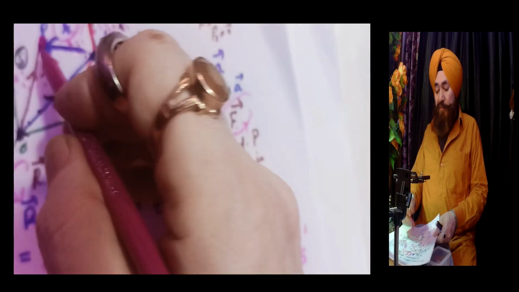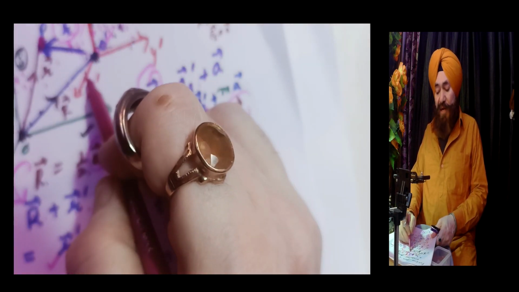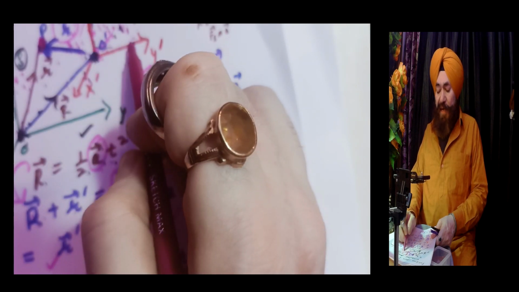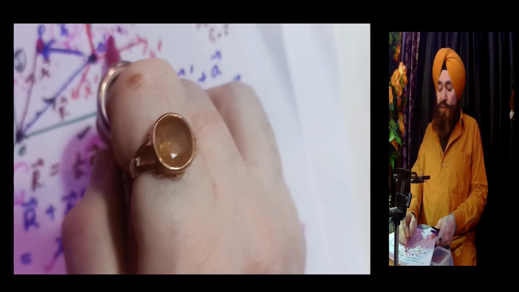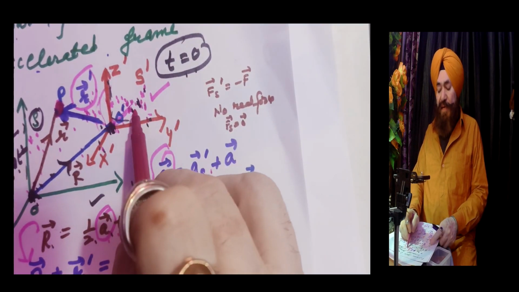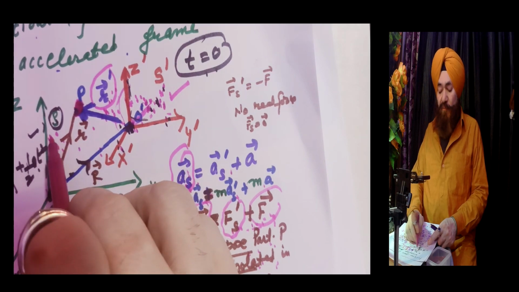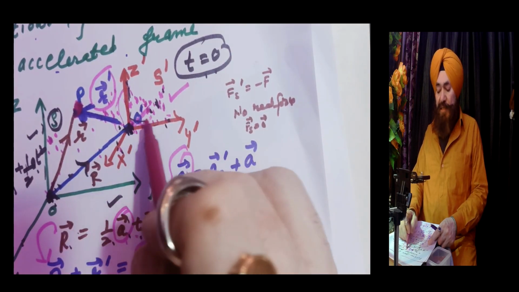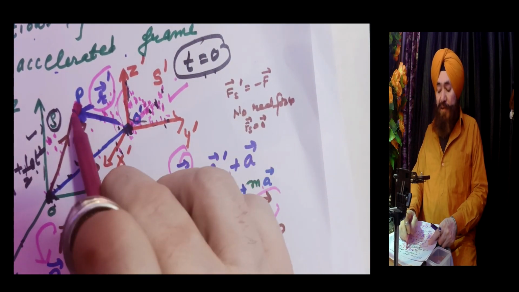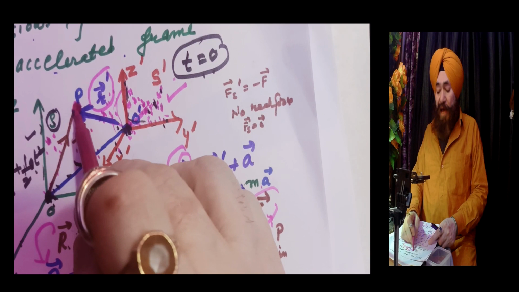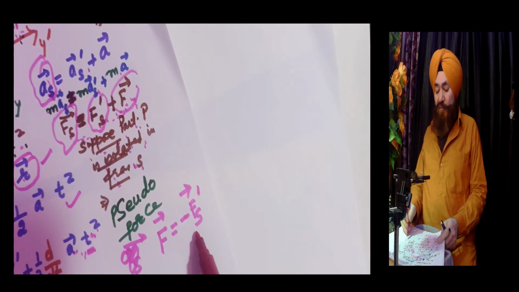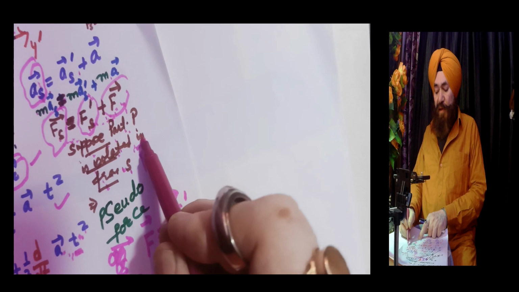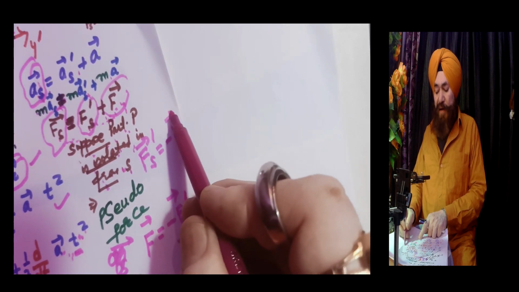But if you observe the same particle with respect to the red frame, which is accelerating, then you will see this particle having a force, and that force is Fs dash, and Fs dash is equal to minus F vector.